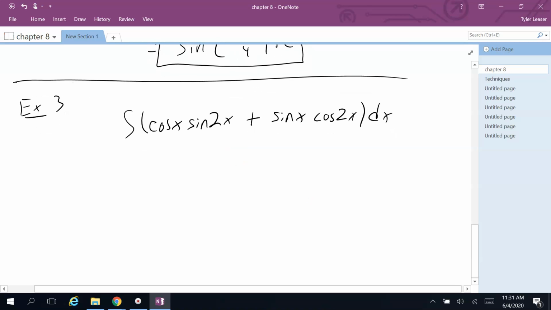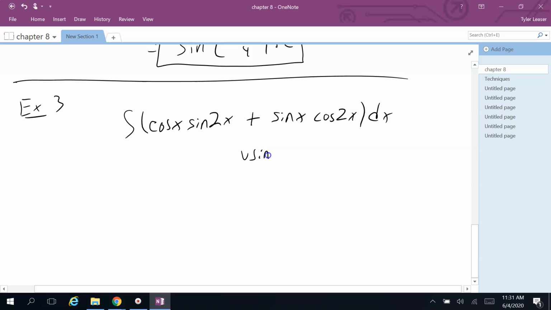Also on Moodle, I'm going to put up a trig identity sheet. I also want you to have that trig identity sheet with you whenever you go to take tests or work on the homework. The identity that we have here is going to be one of the addition formula identities. And so it's this one that we're using.